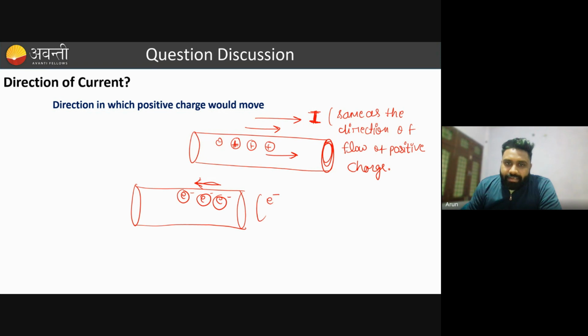So I will write it: electron moves in opposite direction to the current.